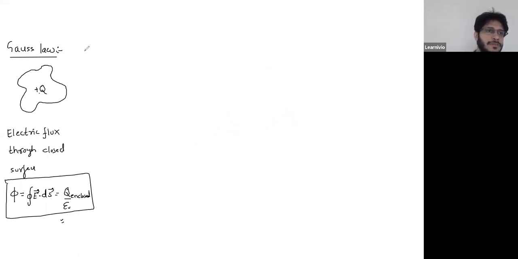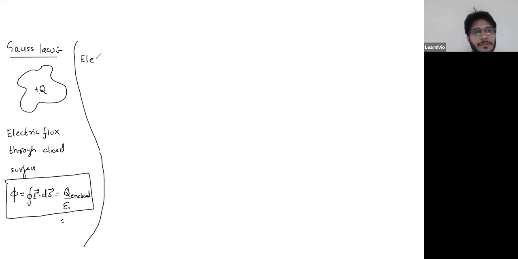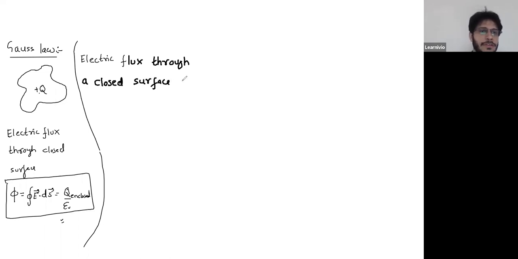Gauss law says that electric flux through a closed surface is 1 by epsilon naught times the charge enclosed by the surface.